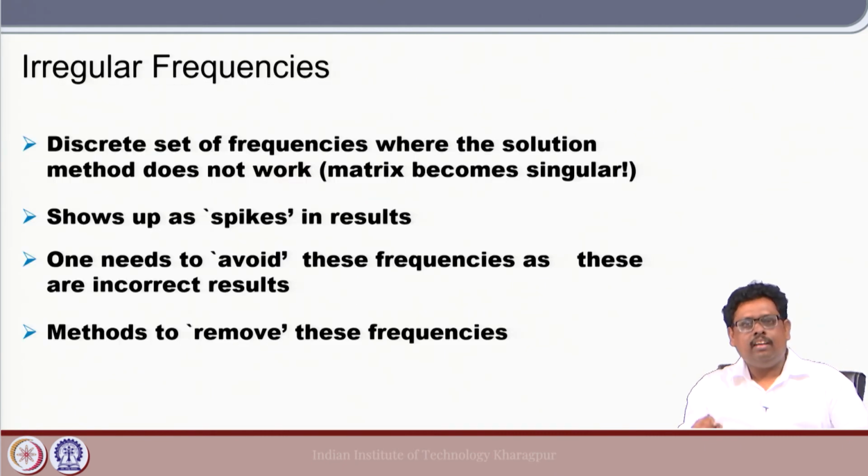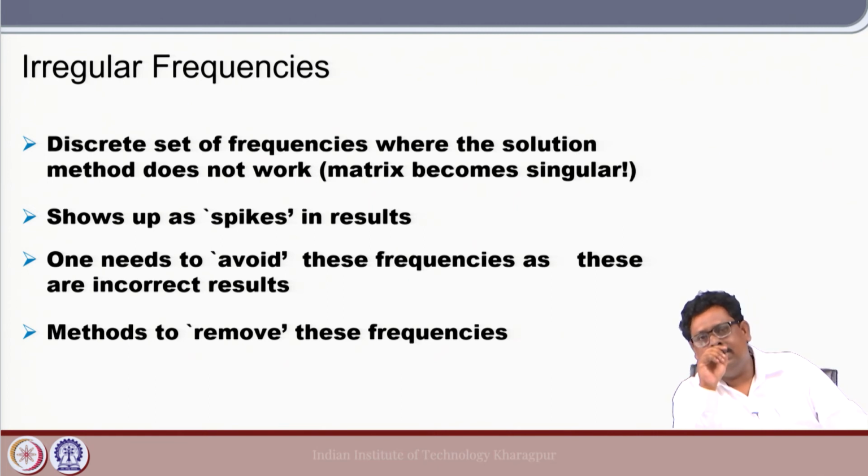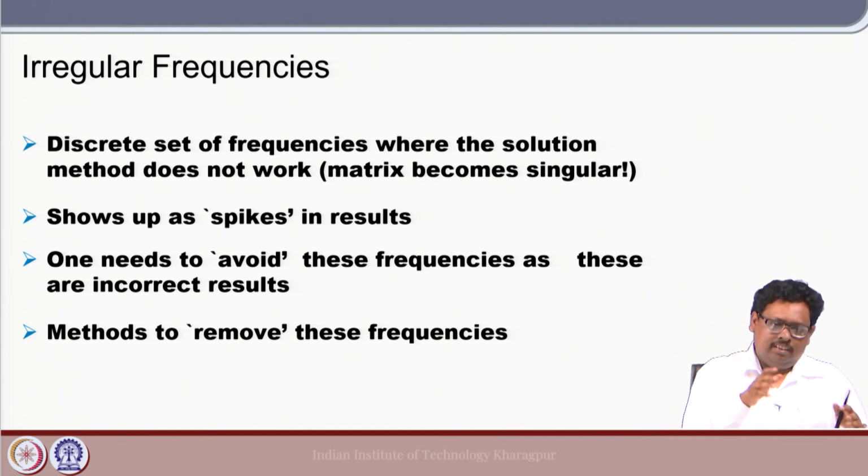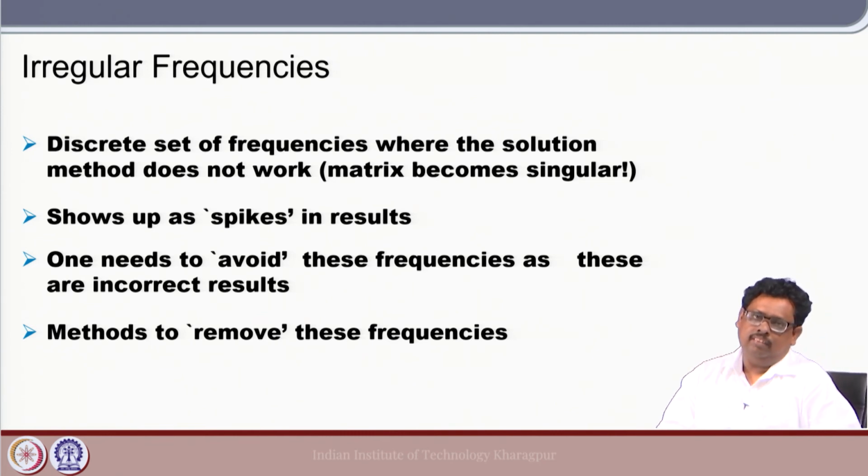Now, this is another very important concept that one must understand. You have to have a good understanding of the theories, so that you can address this sort of phenomena.